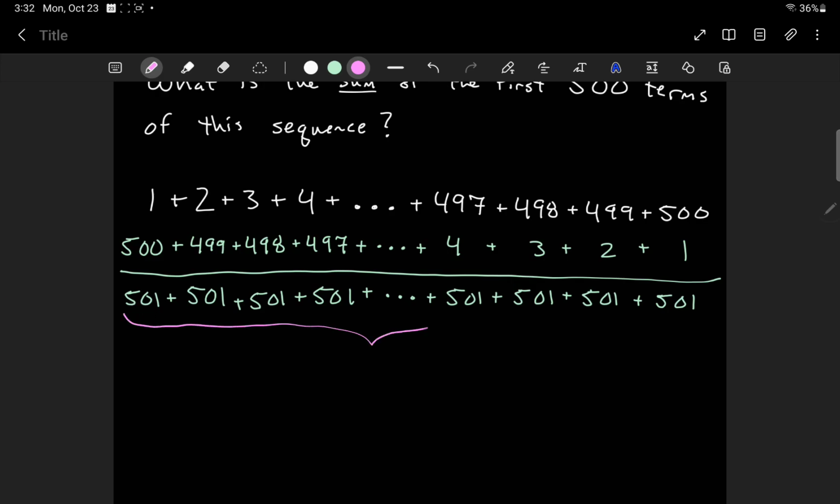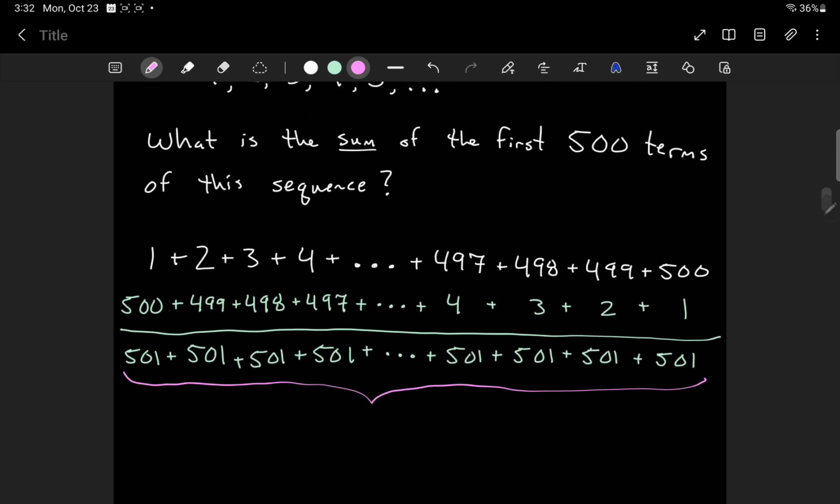So really all we need to do is just count up how many 501s we have. Well, for this one, it's pretty easy, right? I just said I want you to add up the first 500 terms. So I've got 1, 2, 3, 4, right, all the way up to 500 of these 501s.